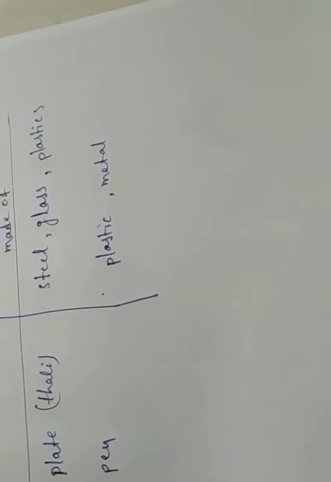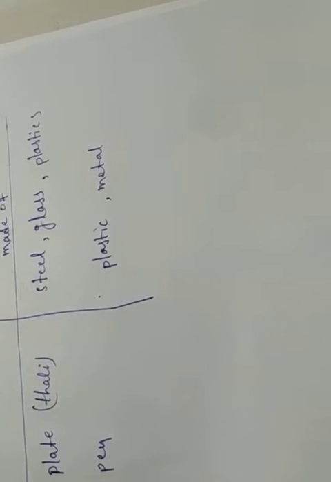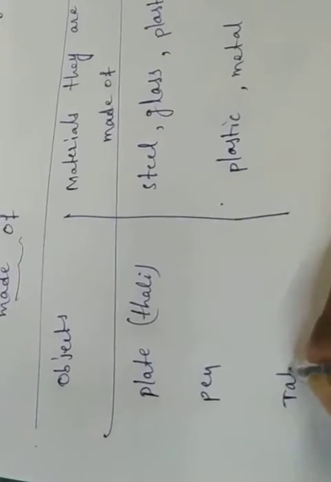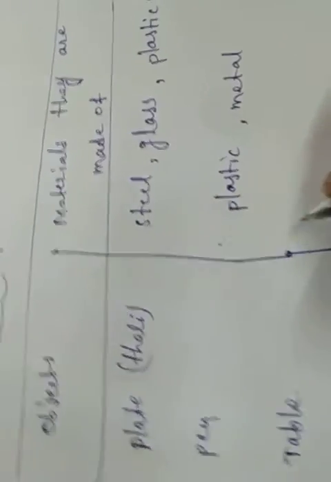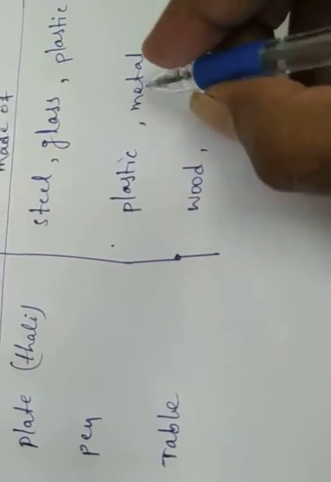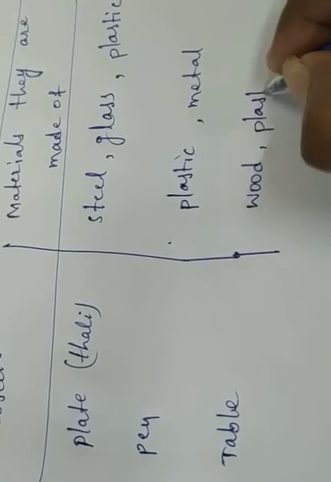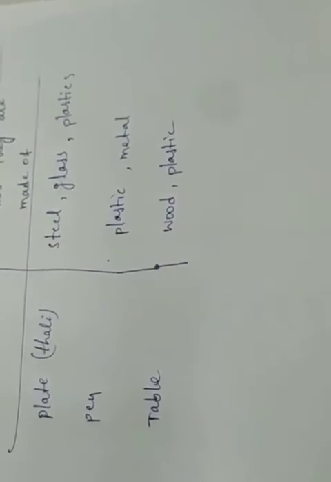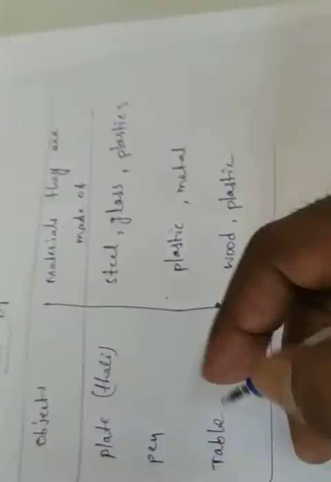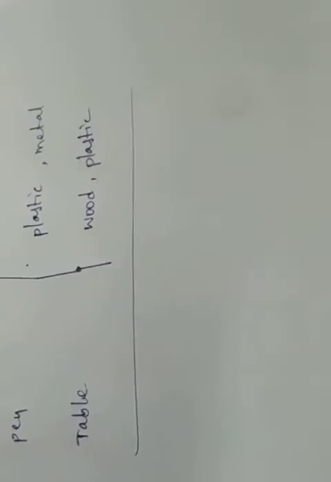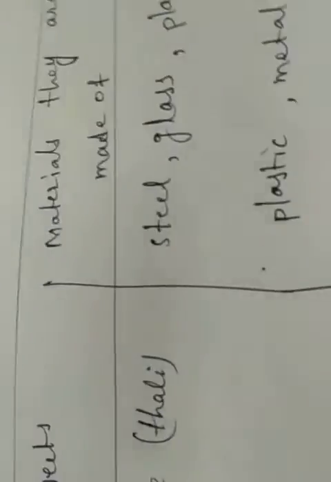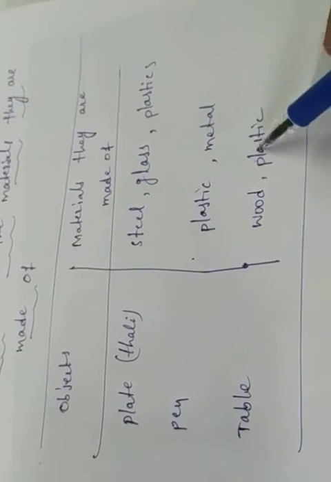Or take a table: a table is prepared from wood, and plastic also. You can collect information about as many objects as possible, not only these three. There are so many objects, and you can collect the materials they are made of.